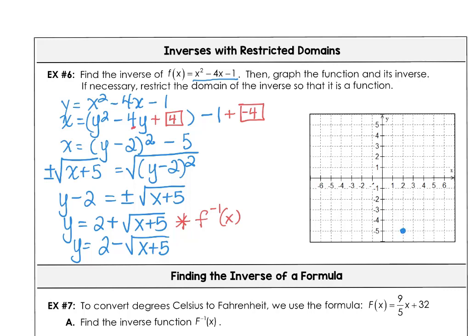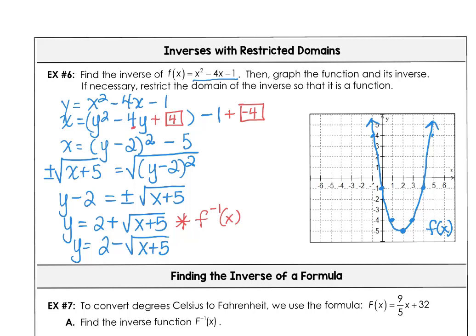We would have (2, -5) for the vertex on the function f of x. And because the a value is 1, it's going to follow the 1, 3, 5, 7 pattern for 1, 2, 3, 4, 5 for movement up and right and left. Okay, so there's our f of x.